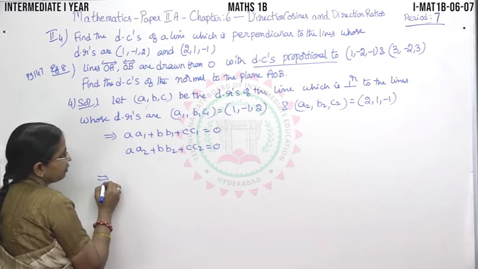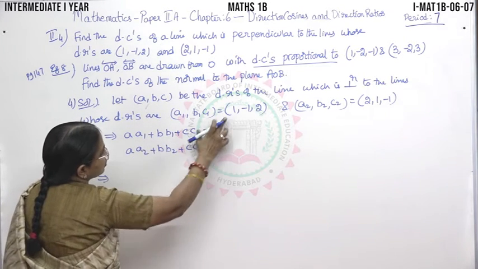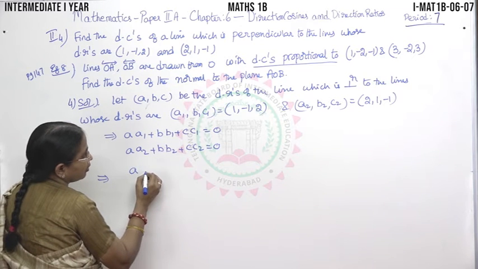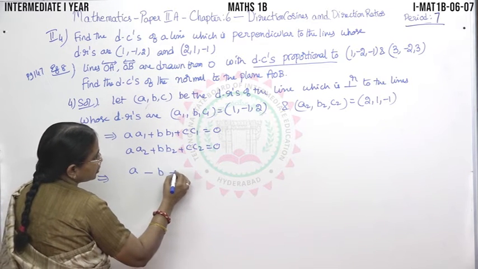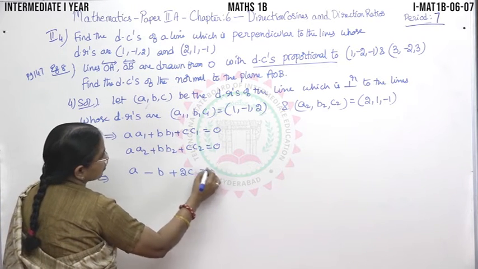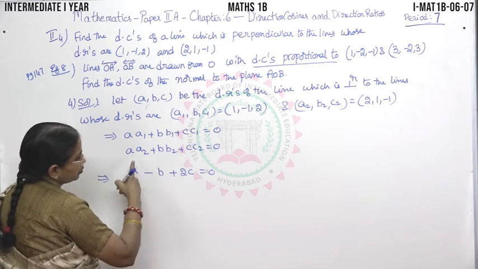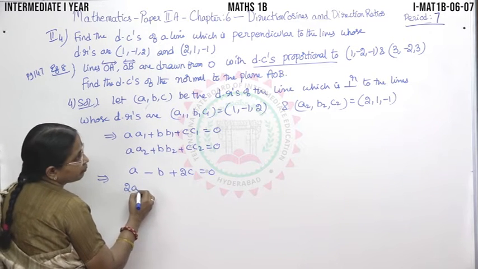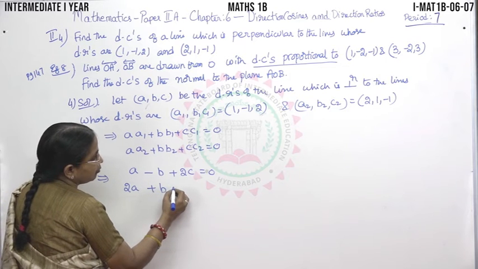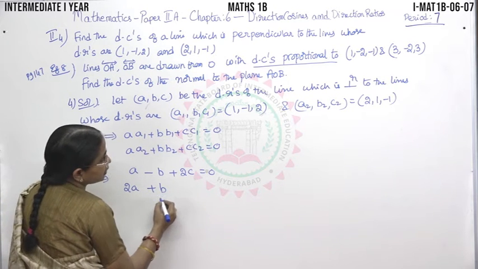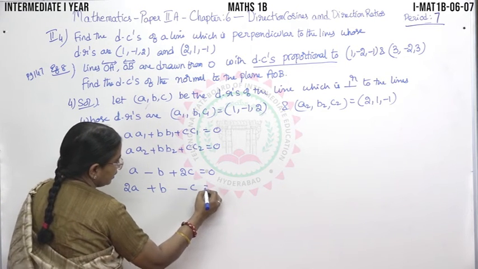Now substitute the values. a1 is 1, so it is a minus b plus 2c is equal to 0. And the second one, a2 is 2, so it is 2a plus b minus c is equal to 0.